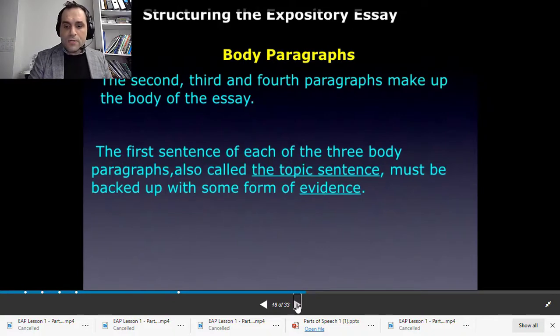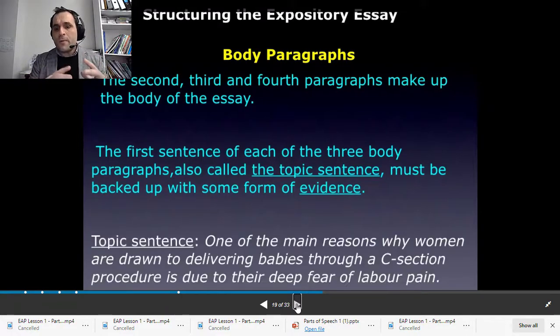Okay? So, I'm going to show you an example. Topic sentence: One of the main reasons why women are drawn to delivering babies through a C-section procedure is due to their deep fear of labor pain. So, basically, the first topic sentence shows you the main argument, which is fear of pain.